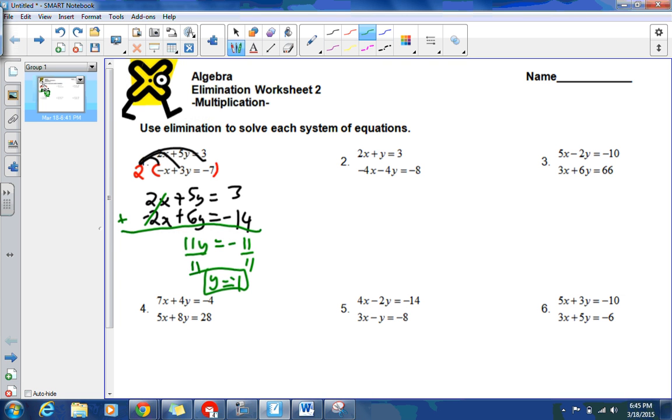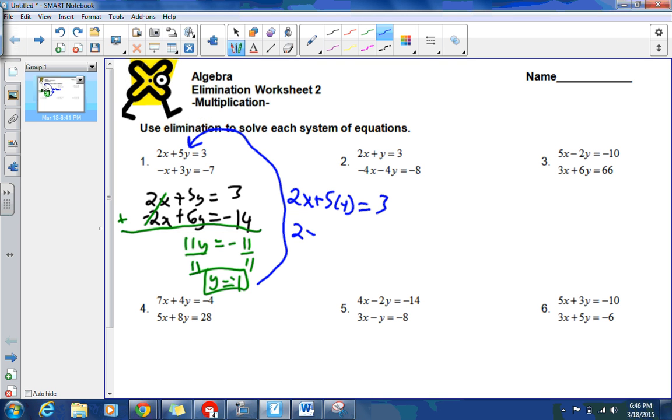Now to figure out the x, we can plug that y value back into either equation. I'll go with the first one: 2x plus 5 times negative 1 equals 3. That's 2x plus negative 5 equals 3.